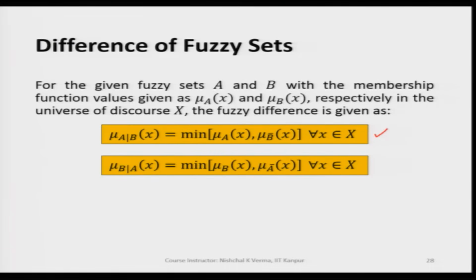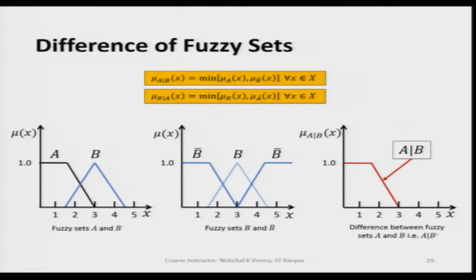And then if we are interested in the difference of fuzzy sets B and A, we find the respective membership values as mu B oblique A of x equal to min of mu B of x and mu A bar of x.